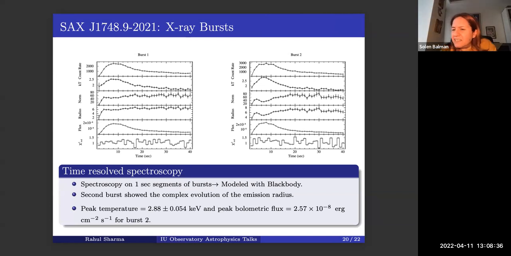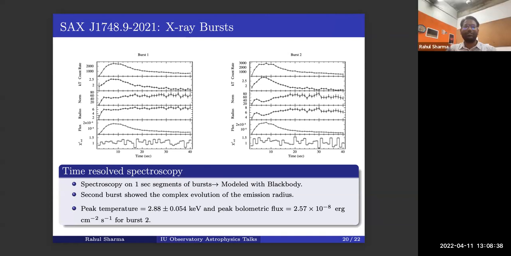Am I mistaken? Generally it is observed that it starts with the hot spot, so the radius starts to increase, and when this thermal emission has spread to the full neutron star surface, it becomes constant, like in this first shown case. There is another class where there is a radius expansion, where the photosphere expands. So the photosphere leaves the neutron star surface and its emission radius increases.